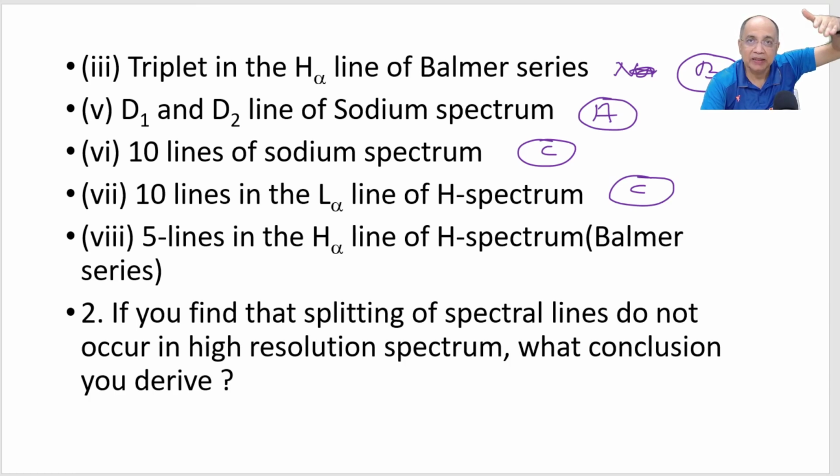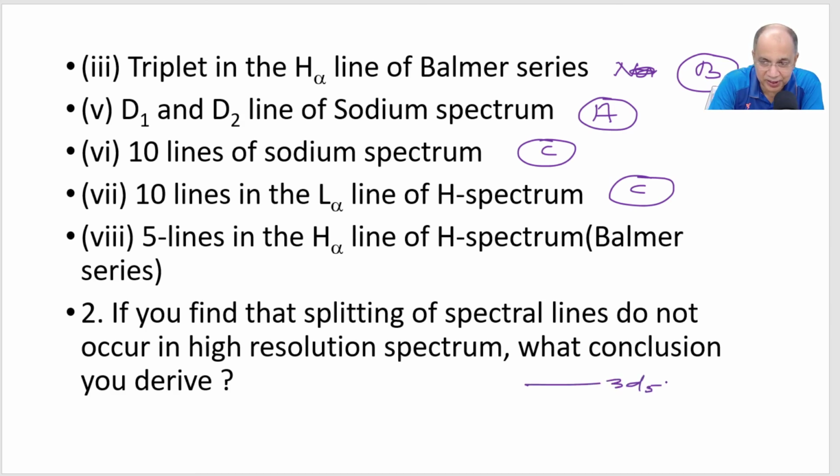And then 3D half, because 3p half and 3s half. Do you remember that? This is 3D 5 by 2, and this is 3D 3 by 2 as well as 3p 3 by 2.